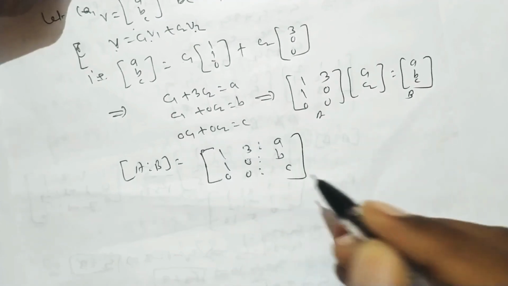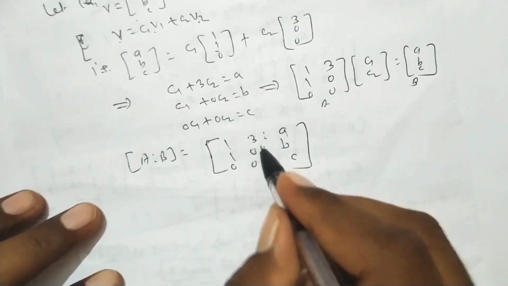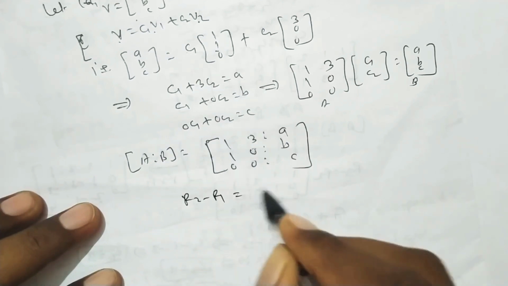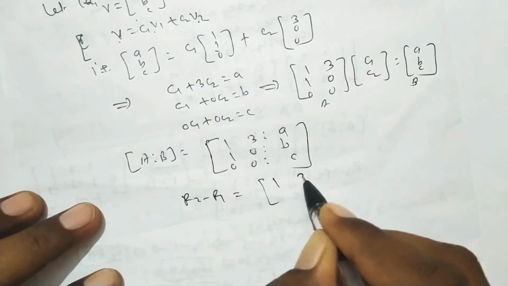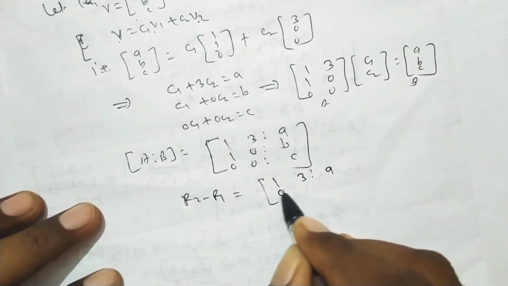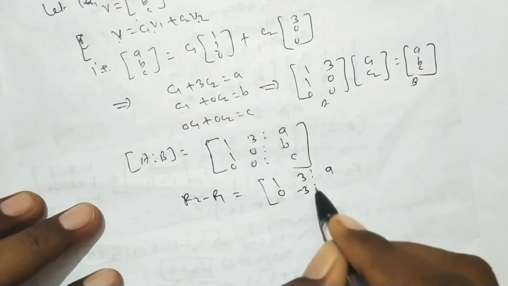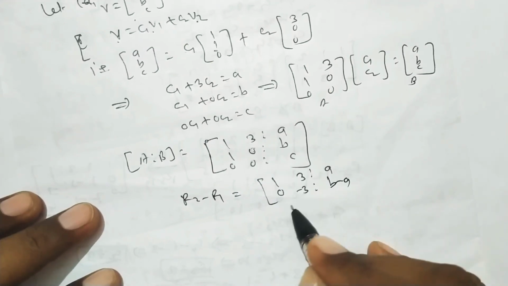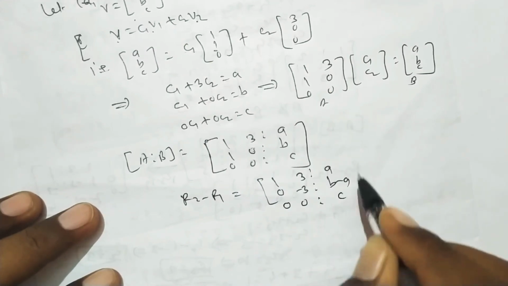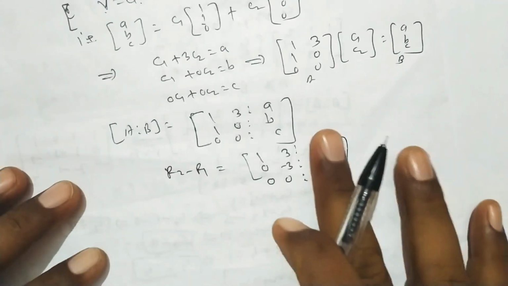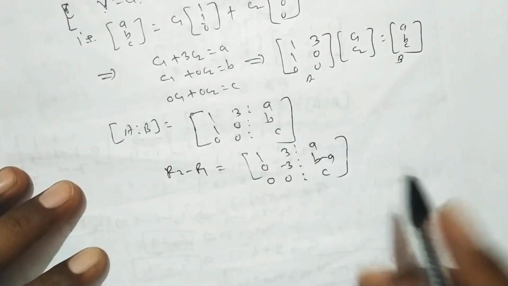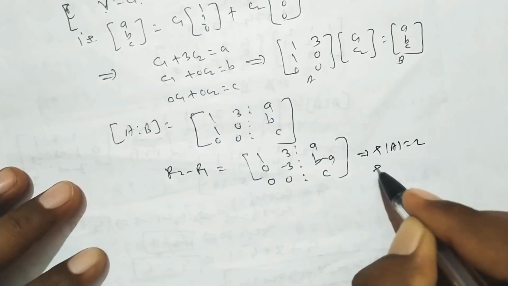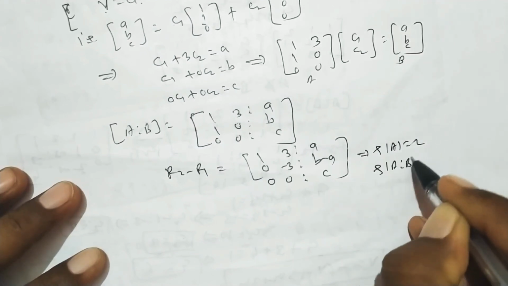Okay, and if we reduce this matrix to canonical form using the operation R2 minus R1, then we will get 1 3 a, 1 minus 1 is 0, 0 minus 3 is minus 3, and b minus a here, and the last row is 0 0 c. So what is the rank of A matrix? Rank of A, meaning this matrix, is 2 and the rank of AB is 3.